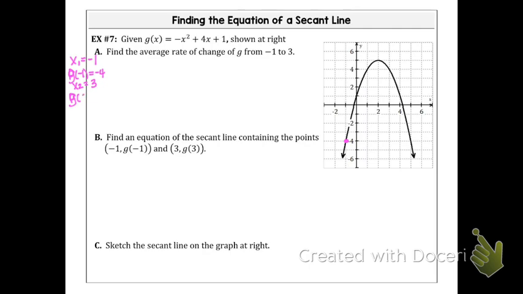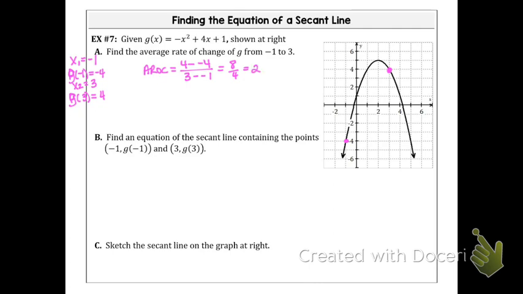So g of 3, we go to 3, go to the graph, which is up at positive 4. And then we just want that average rate of change. So it's going to be g of 3 minus g of negative 1, all over 3 minus negative 1. So it gives us 8 over 4, which is 2.